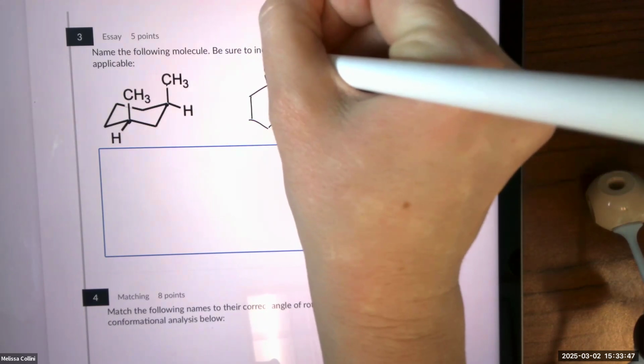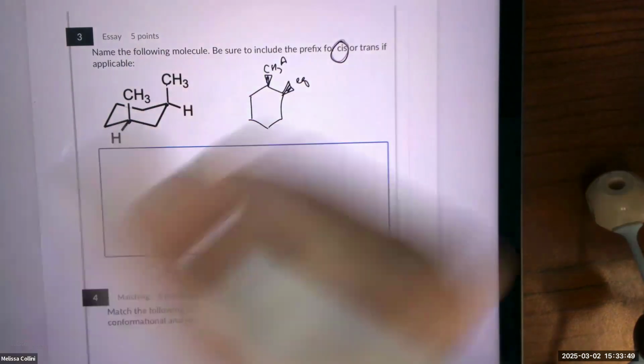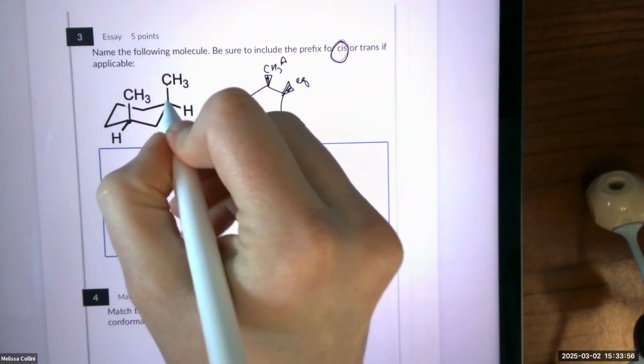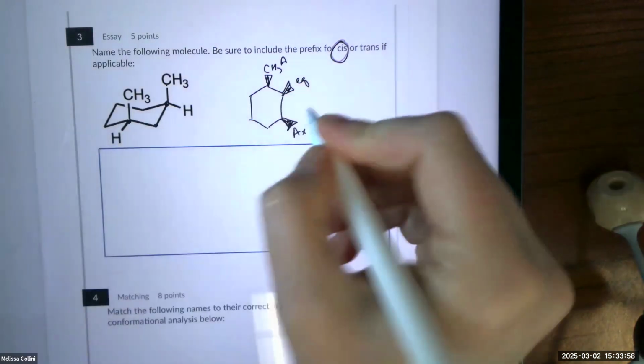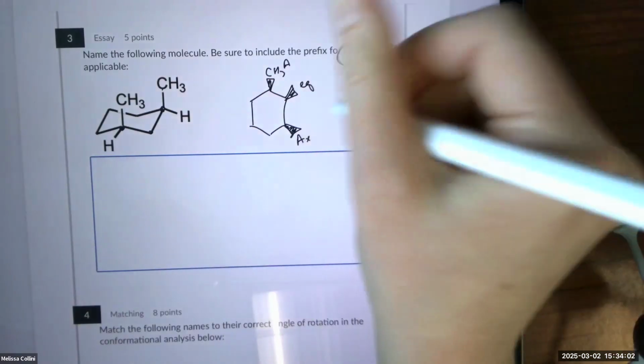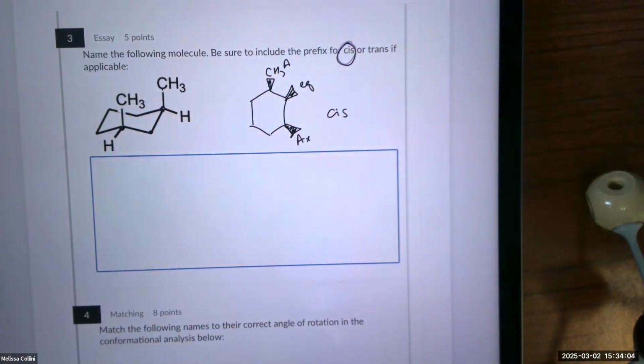And so then the one next to it that was pointing up would have to be equatorial. And then the one next to that that's pointing up would have to be axial. And we do have these 1, 2, 3 apart, and they're both axial, so they must both be wedges. So these are cis.